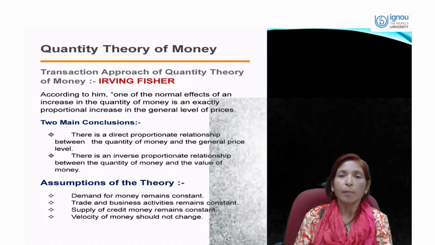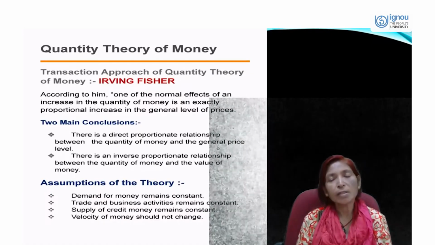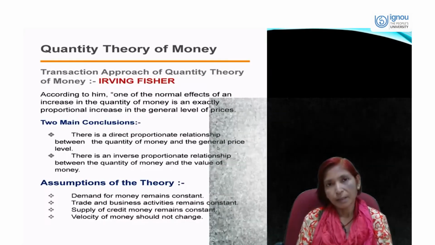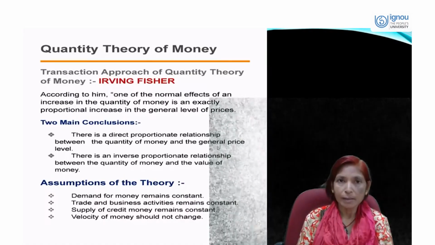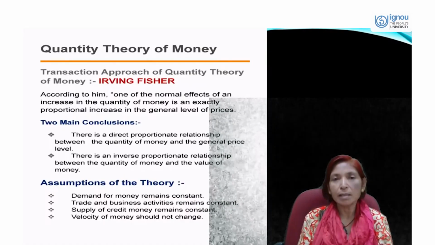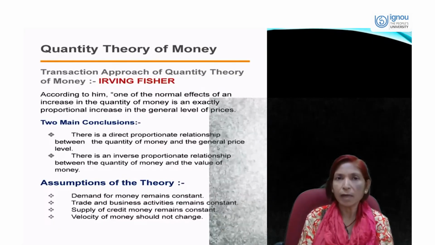Next is price level and value of money. Both also have a negative relationship. When price increases, money value falls, or the purchasing power of the currency falls. And it is very common. You can see it everywhere.